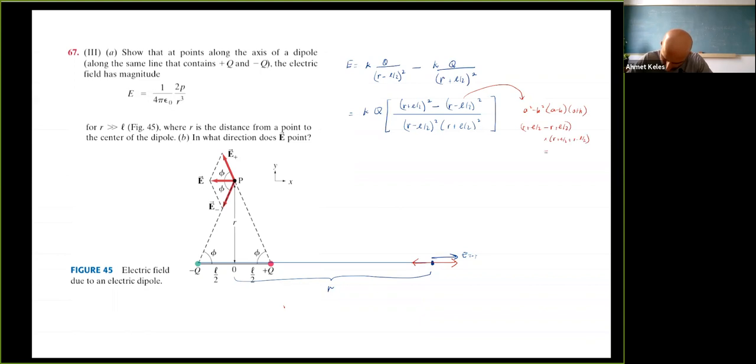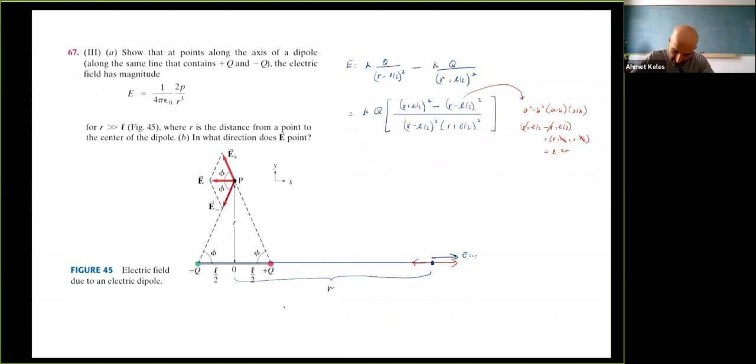This one cancels with this one, leaving L, and this gives 2R. And for the denominator, it's already a large power, so I'll neglect this L.